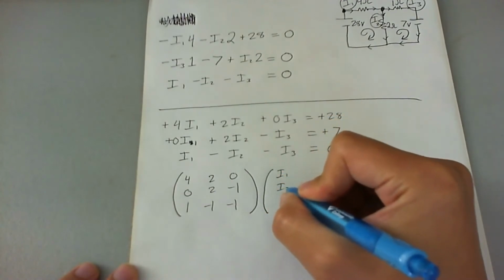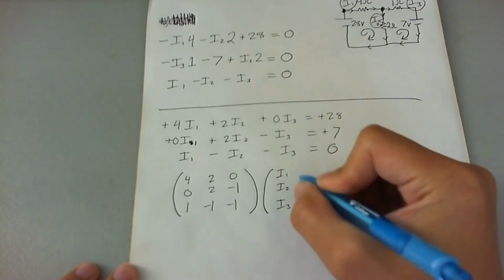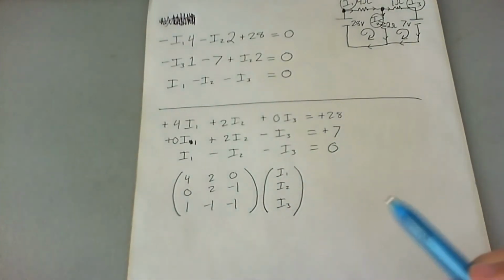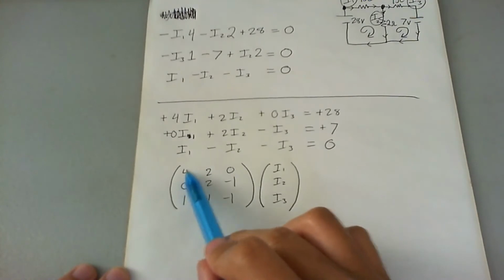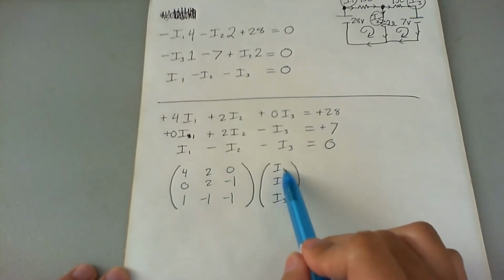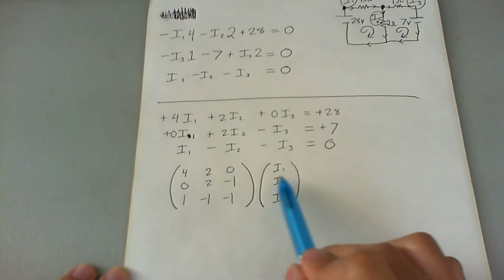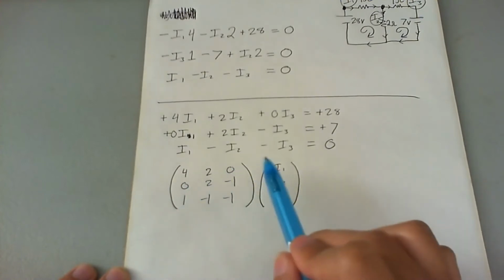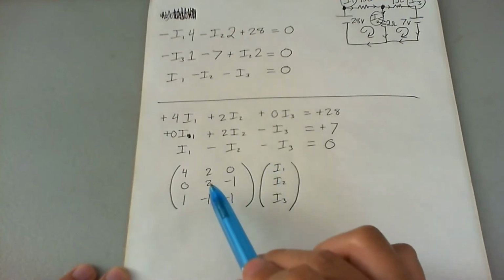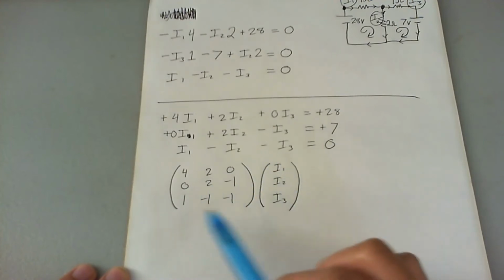I1, I2, I3. Now, based on matrix multiplication, you have 4 times I1 plus 2 times I2 plus 0 times I3. You have 0 times I1, 2 times I2, -1 times I3, and so forth.